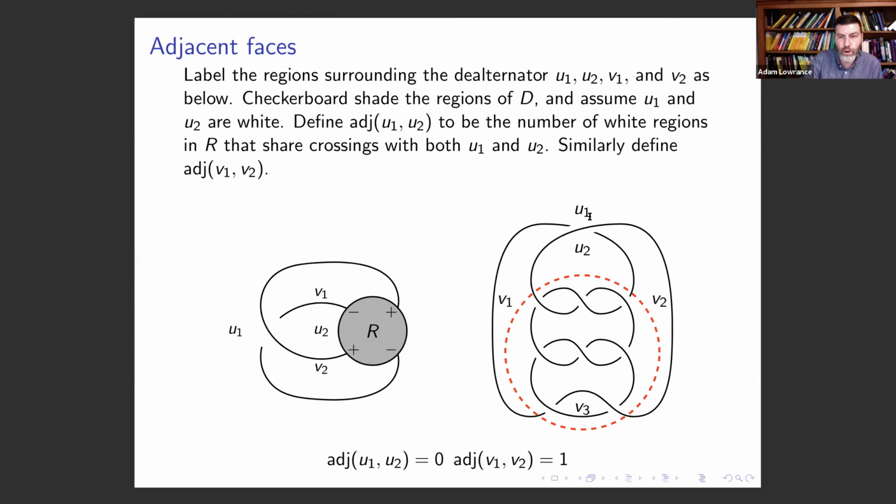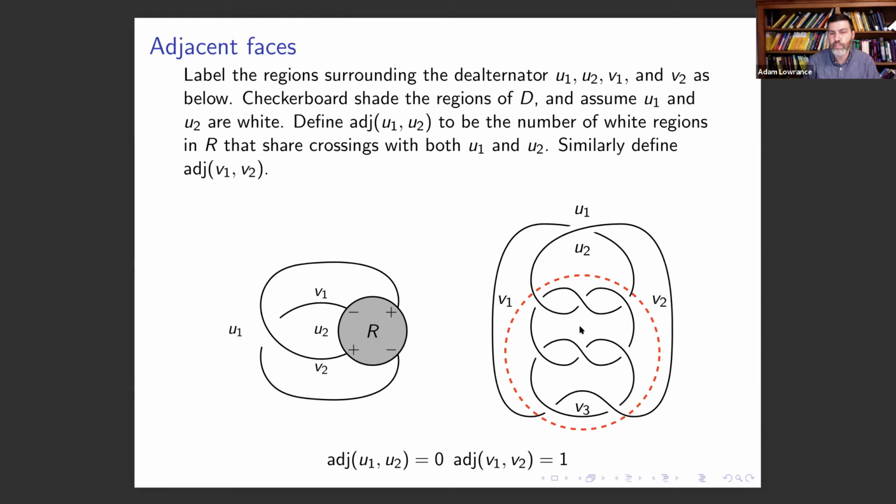So what we look for in the diagram, inside of our tangle R, is how many white faces share a crossing with U2 and a crossing with U1. Over here in this picture, there are 2 potential white faces, the one that my cursor's in now and the one that my cursor's in now, and neither of them shares crossings with both U1 and U2.